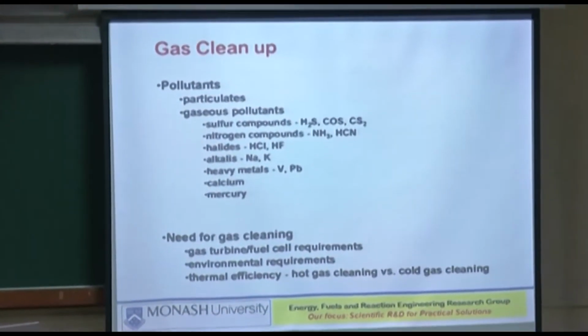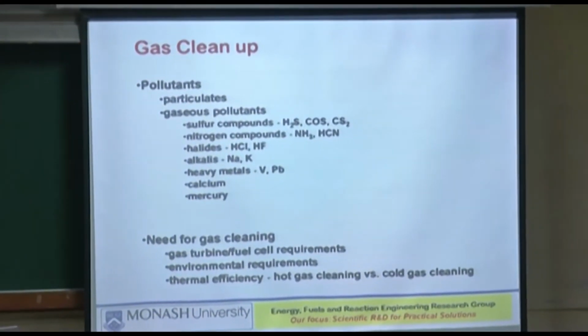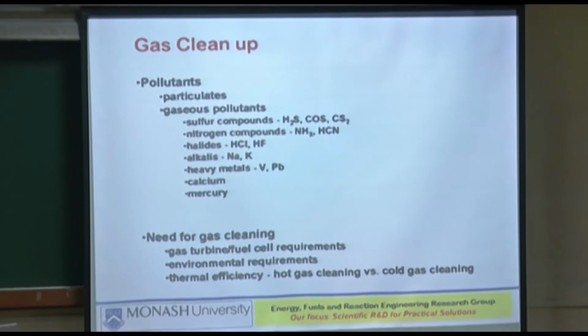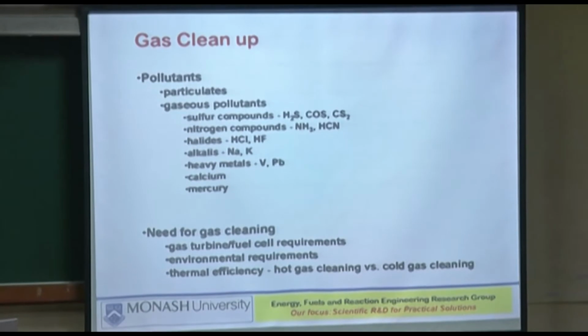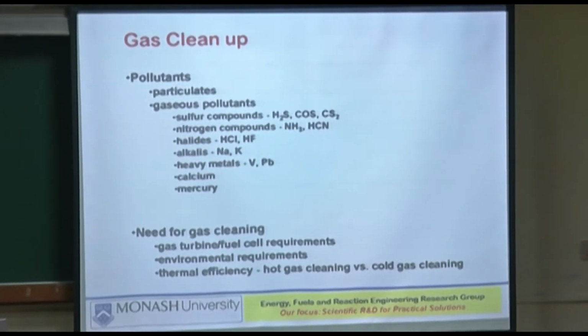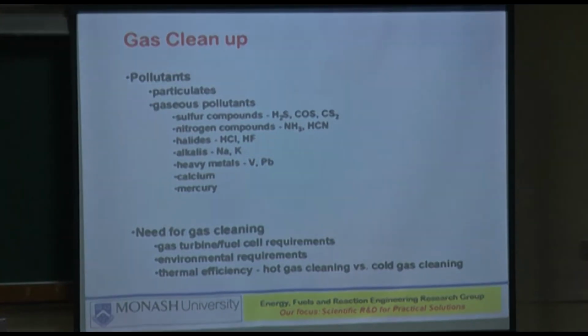So one is, of course, that gas cleanup means getting rid of the pollutants, and the pollutants can be a whole lot of things. The particulates and the gaseous pollutants, and within the gaseous pollutants there may be so many different things as well.